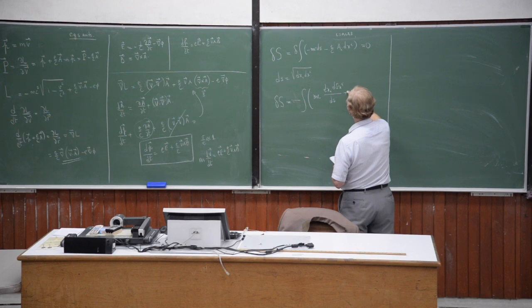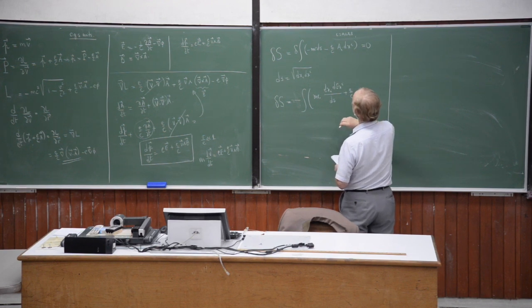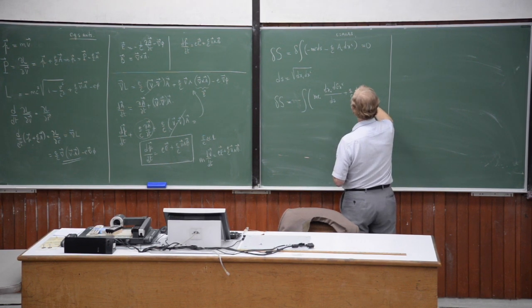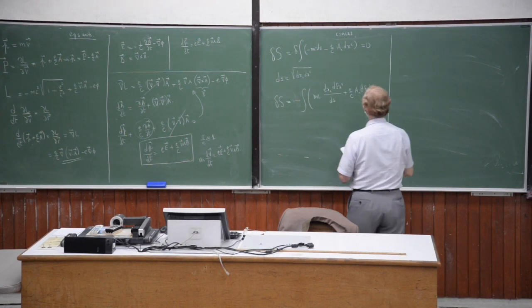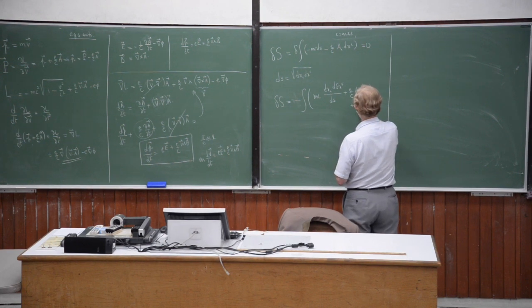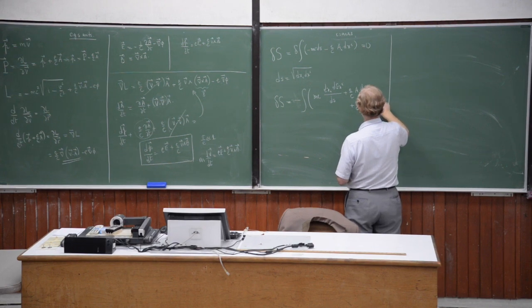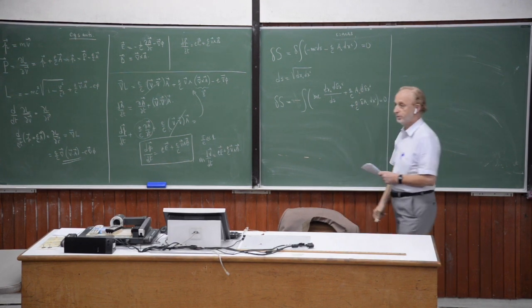Plus e/c A_i d delta x^i, just taking this delta inside, plus e/c delta A_i dx^i. And this has to be 0.